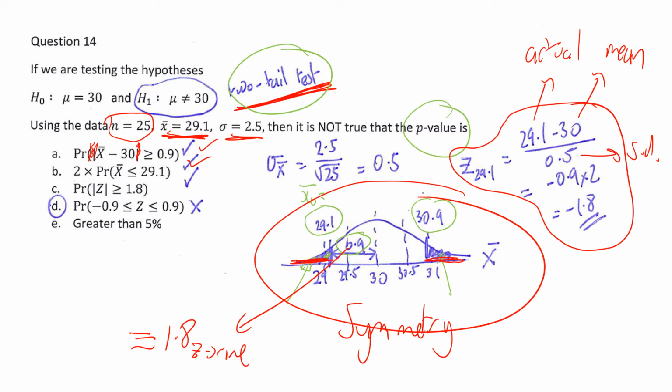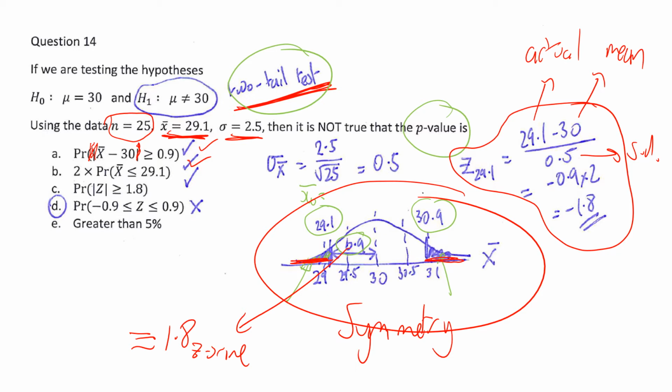So they're saying that the probability of our sample mean having a Z score greater than 1.8 covers exactly the same understanding. So, okay, Z score, of course, and the mod. Now, clearly that means D is incorrect.